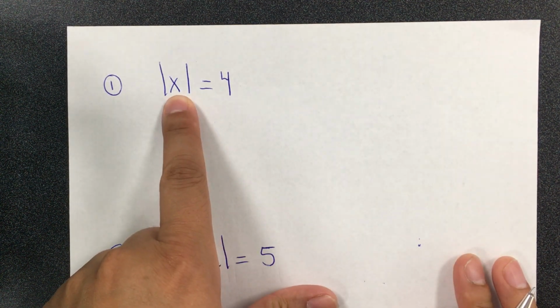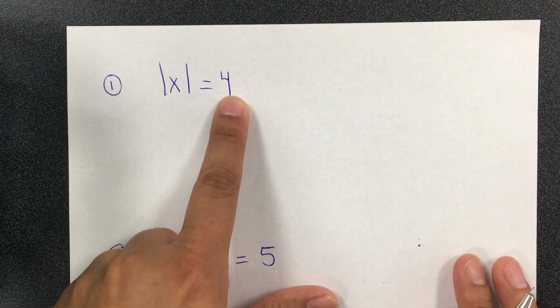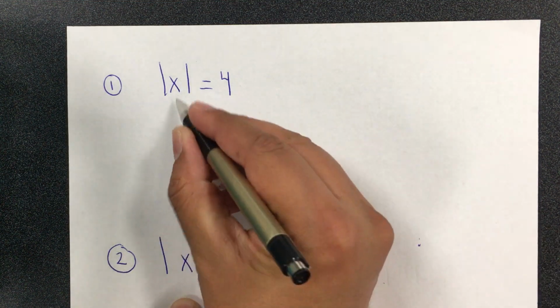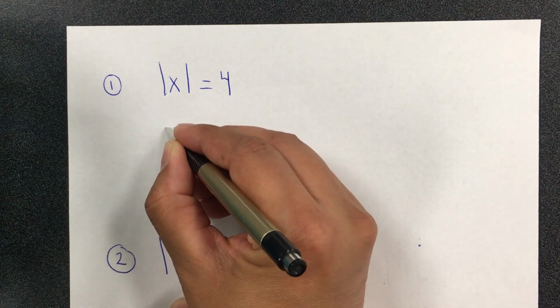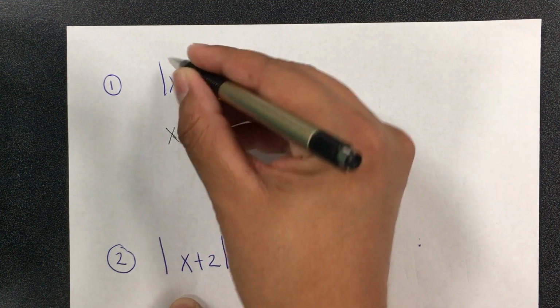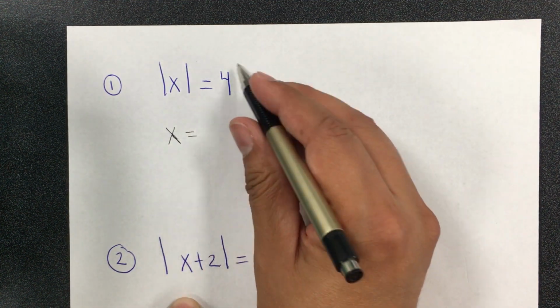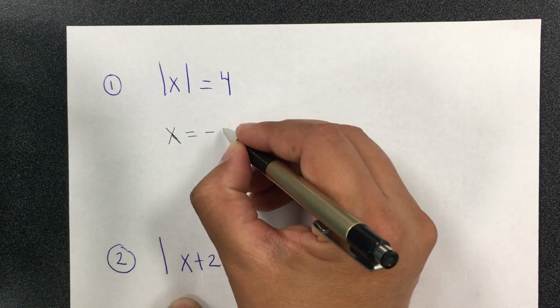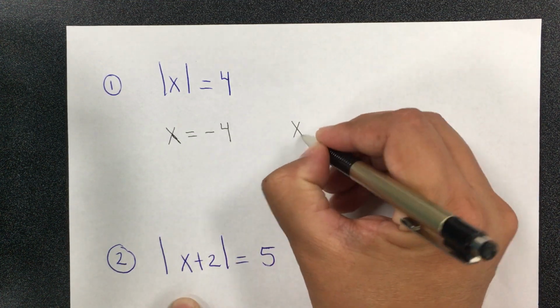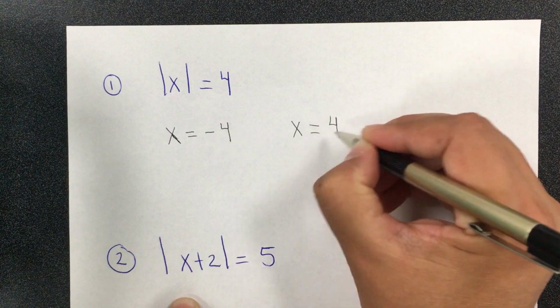We are going to take the x out of the absolute value, and we're going to create an equation with this answer. One time is going to be negative, and one time it will be positive.